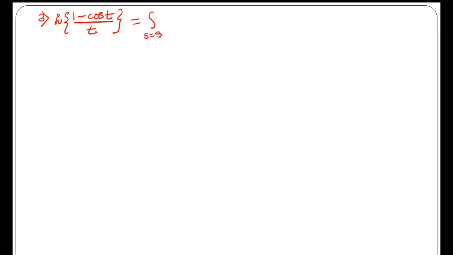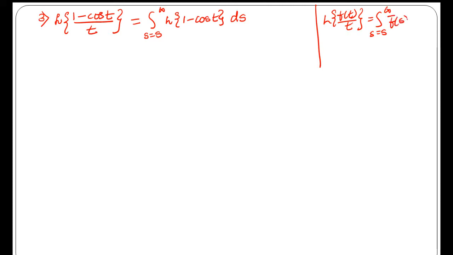We will get the integration from s to infinity of the Laplace transform of the numerator, that is 1 minus cos t, which is f bar of s, with respect to s. Our property 3 is: Laplace transform of f of t by t is equal to the integration from s to infinity of f bar of s, that means the Laplace transform of f of t, the numerator, with respect to s.